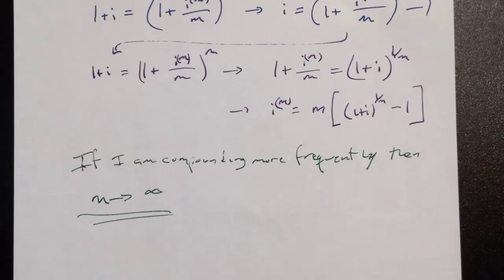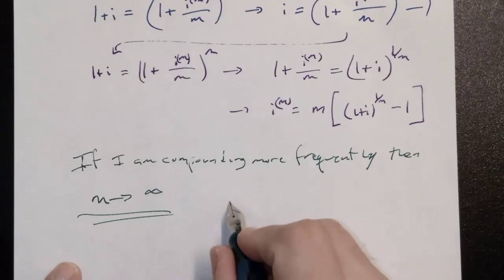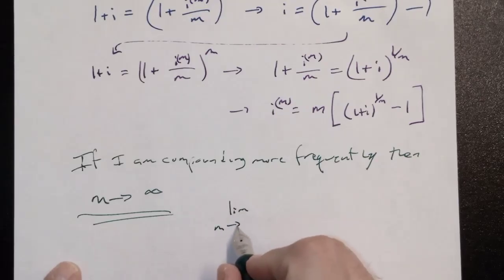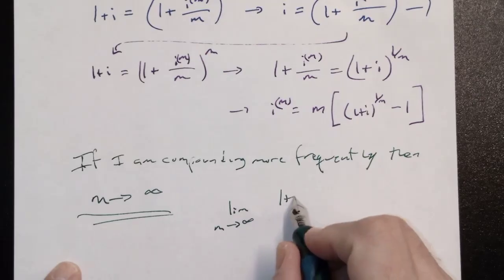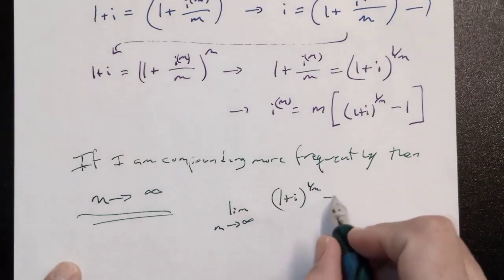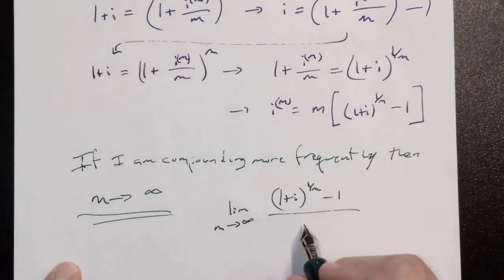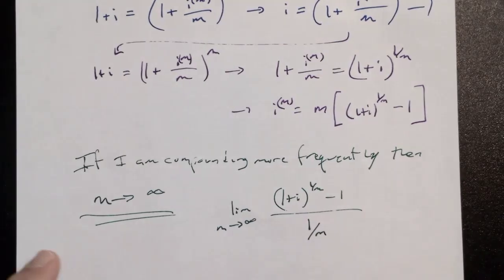And what I can do is take the limit as m goes to infinity of 1 plus I to the 1 over m minus 1. That's going to 0 over 1 over m. That's also going to 0.